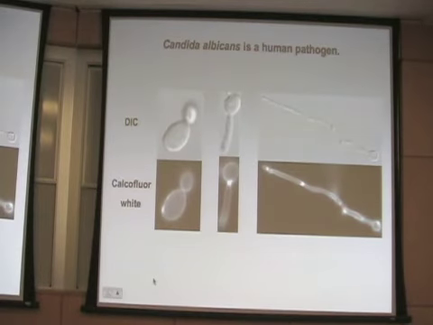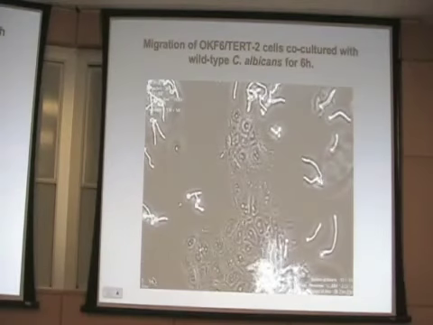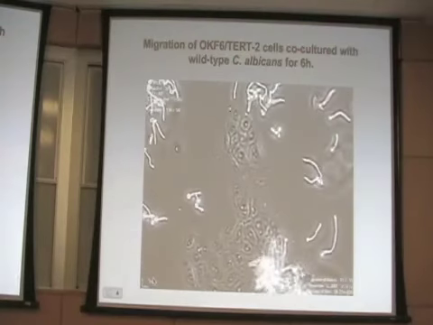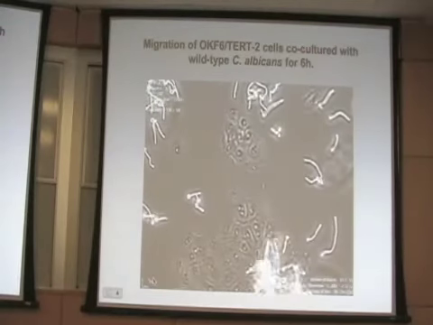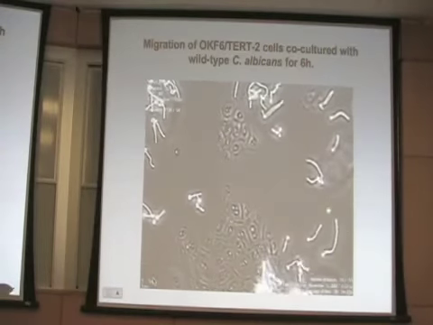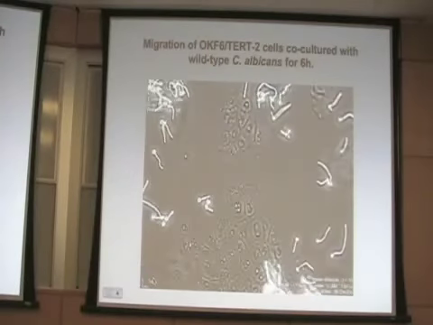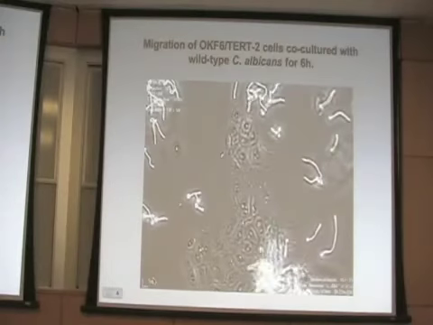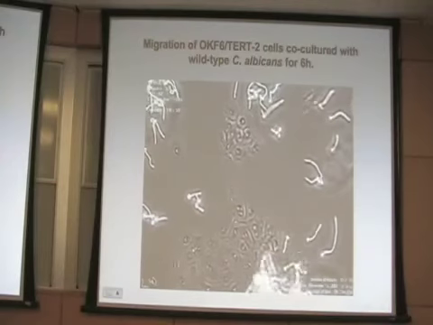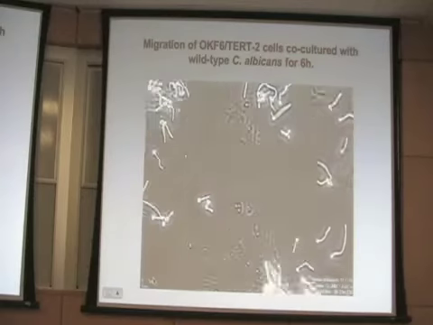So when we added this fungus to our cultures, you can see that the migration of those human keratinocytes is changing dramatically. The first thing I want to point out is that you can clearly see that the fungus is growing, so it forms really nice hyphae, and that the cell sheet is migrating more synchronously, more directed in one way. We don't know whether this is chemotaxis or not, but obviously there's something going on with these cell cultures.